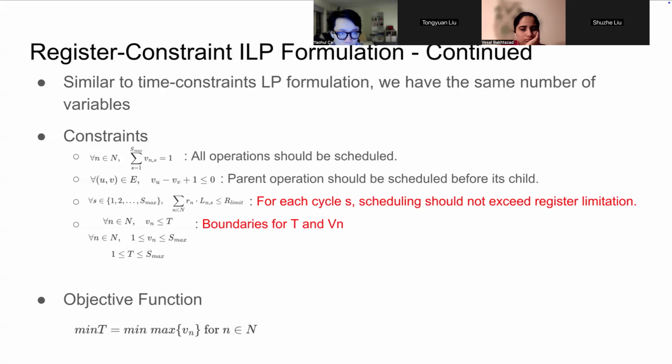So the third equation is a little bit different. And also, the time here is also a variable. So the boundaries for the time and Vn are also different from the time constraint formulation. And the objective function is to minimize the time, which means minimize the maximum of all Vn.